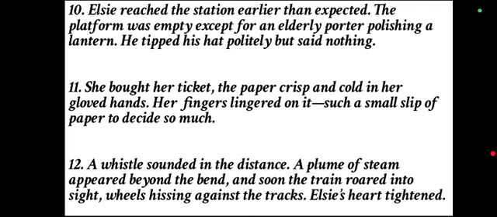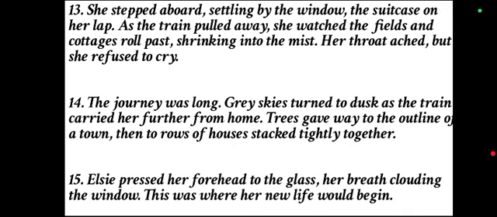A whistle sounded in the distance. A plume of steam appeared beyond the bend. And soon the train whirled into sight, wheels hissing against the track. Elsie's heart tightened. She stepped aboard, settling by the window, the suitcase on her lap. As the train pulled away, she watched the fields and cottage roll past, shrinking into the mist.